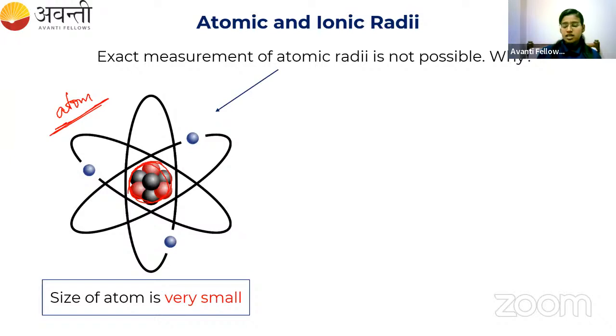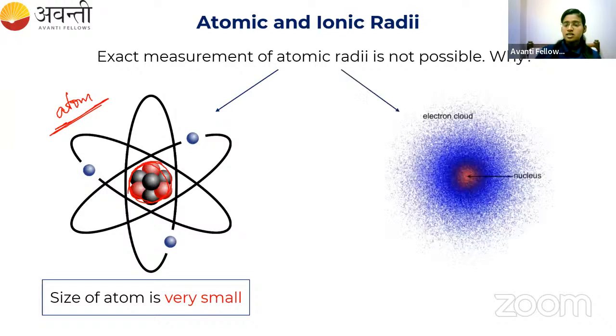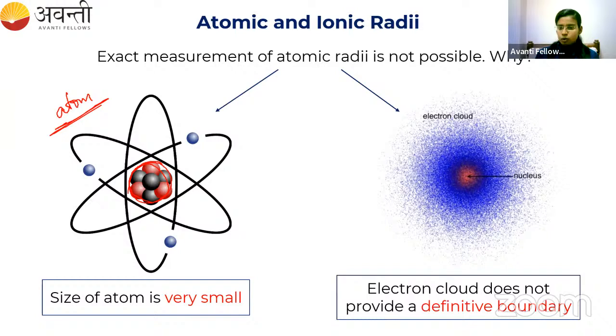Then the second reason is that electrons are considered as an electron cloud, and the nucleus is present at the center. You can see that the electron cloud does not provide a definitive boundary. So here we don't have a definite boundary, right? I cannot draw a line here and make a circle. It is highly difficult. You know why?